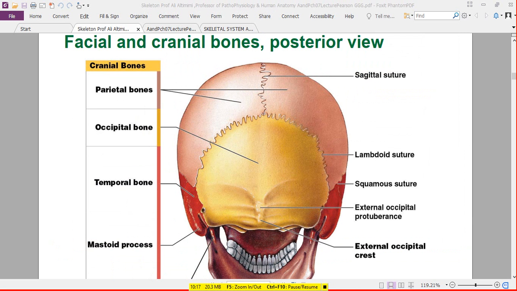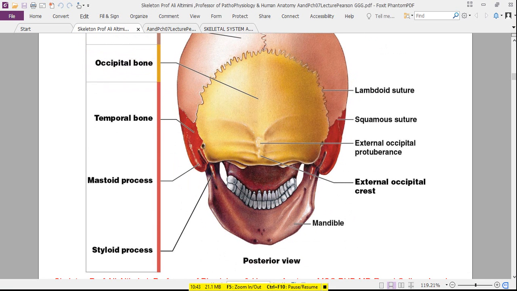Now we have facial and cranial bone in the posterior view. And this is the cranial bones in the posterior view. These are parietal bones. Then this is occipital bone, and this is the temporal bone, and this is a mastoid process, and this is a styloid process.